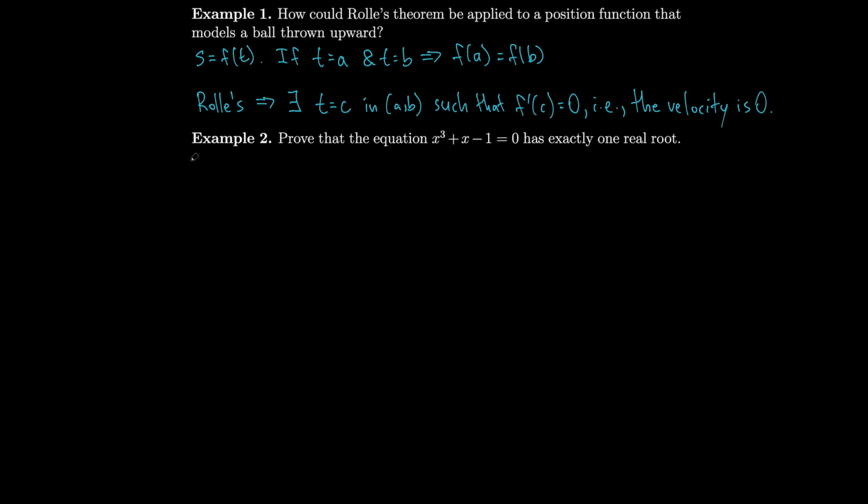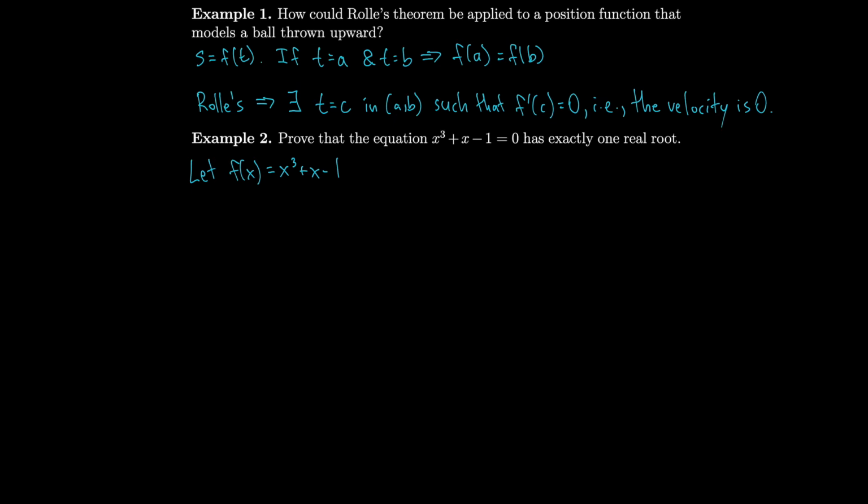So let's start with letting f be equal to this polynomial, x cubed plus x minus 1. We want to show that it has one real root, so we want to show one y value of 0. So let's choose some x values that give y values a little bit below 0 and a little bit above 0.